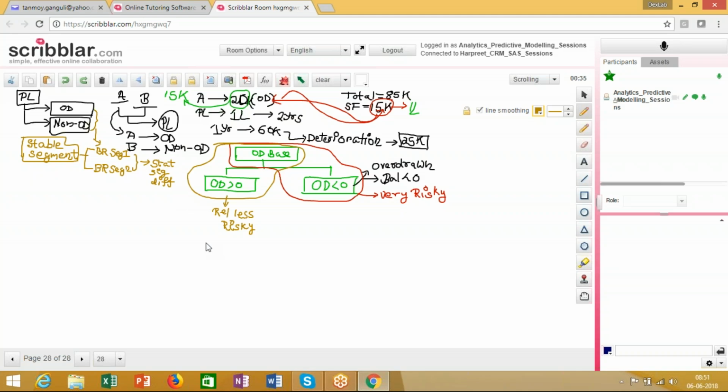This is the first check, and to ensure that this holds good, we incorporate the mean difference test.